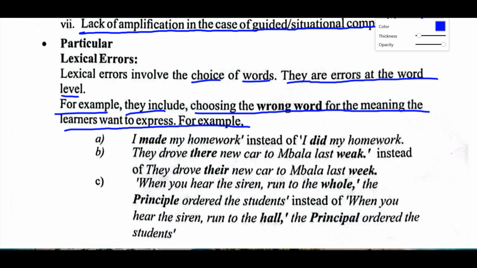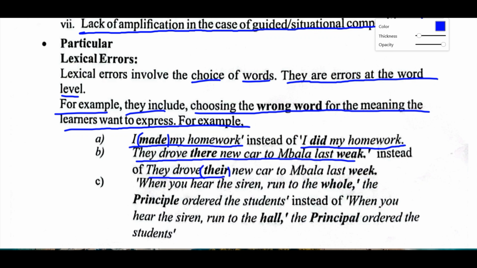For example, here we are told: I made my homework. The correct one in terms of meaning should be: I did my homework. So the mistake is the use of the word made. Then for B: they drove their new car to Mbala last week, instead of they drove their new car.